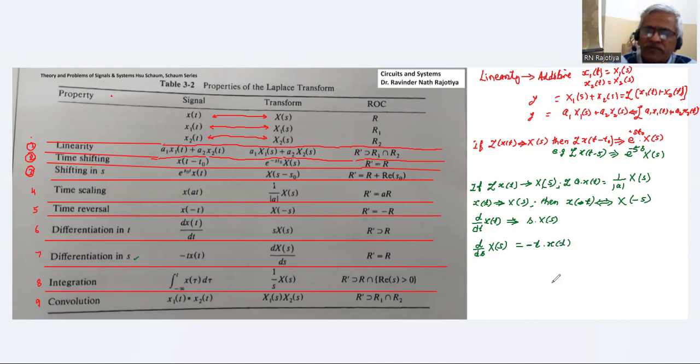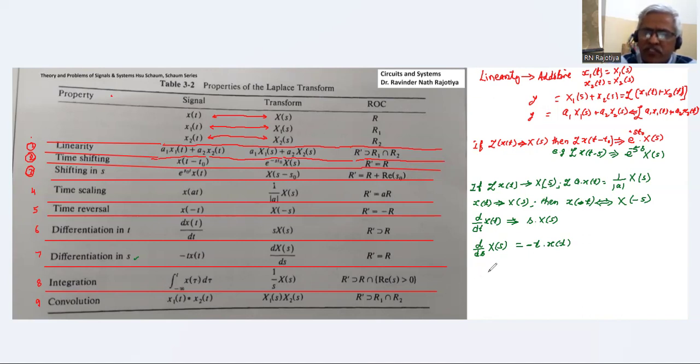So if you differentiate the s domain equation, d by ds of x of s, it gives rise to a time domain equation equal to minus t times x of t, and its ROC will contain the complete ROC for the x of t signal.